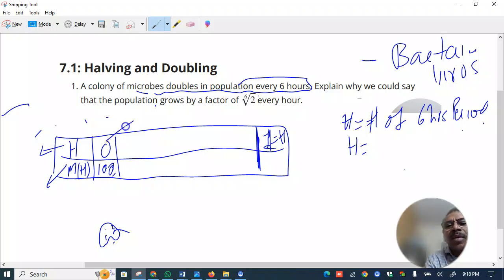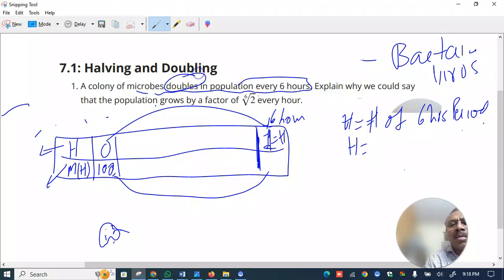If it is one 6 hour period, that means this is 6 hours here. Since it says doubles, there will be a growth factor of 2, so 100 becomes 200.